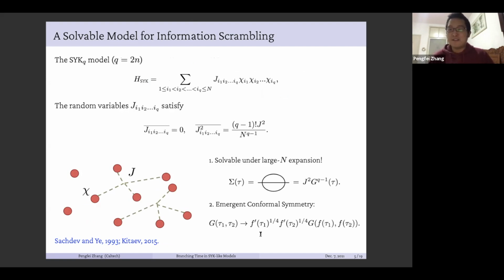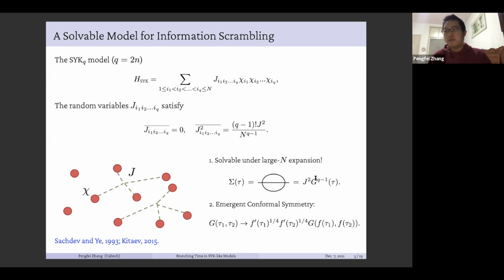It has a 0 expectation value and some variance. By choosing such a variance, we get a model that is solvable with a well-defined large N limit. For example, the self-energy for the 2-point function is known to be a melon diagram, which is proportional to the Green's function to the (q-1)th power.